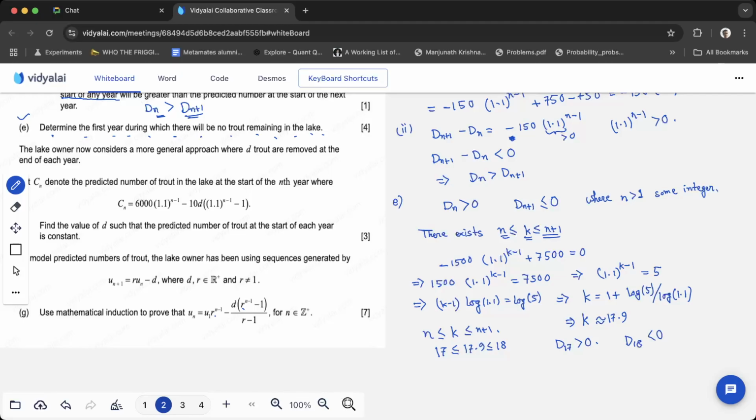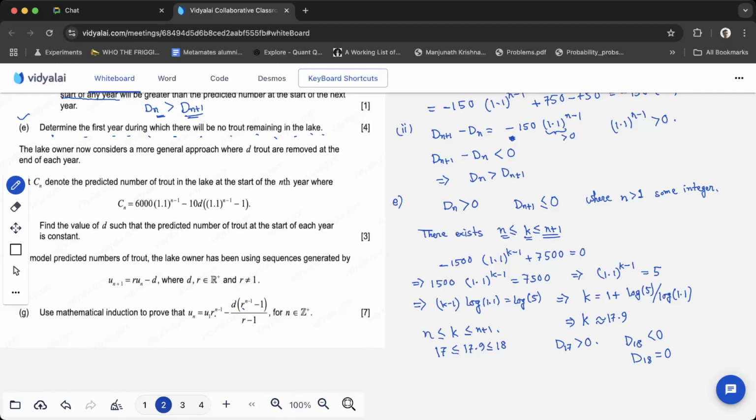Actually, what is going to happen in reality though, D of 18 would be equal to 0, not less than 0, because when the owner is going to take out 750 trout fish, you observe that there is no longer 750 trout fish left. Less than 750 trout fish is left.